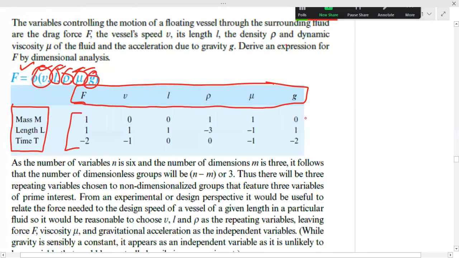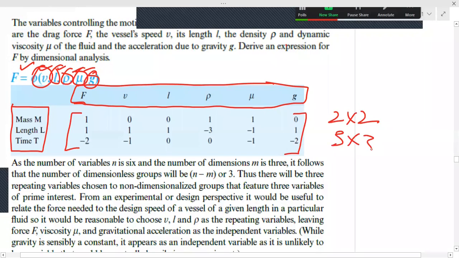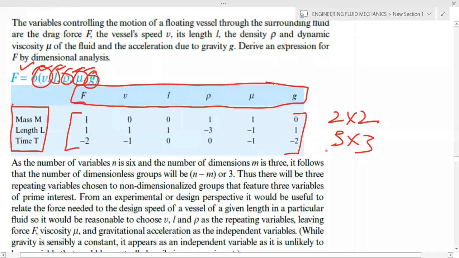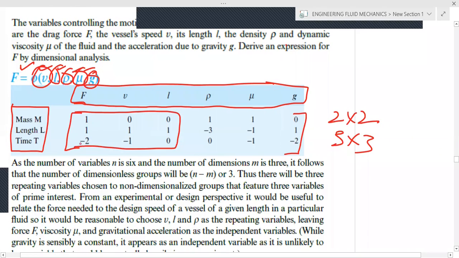In this matrix, what can be the size of the determinants? It can be 2 by 2. It can be 3 by 3. Anything else? So what do you think is the largest non-zero determinant in this? You can pick up any 3 and find out the value of the determinant.